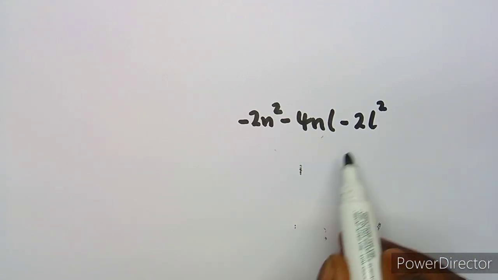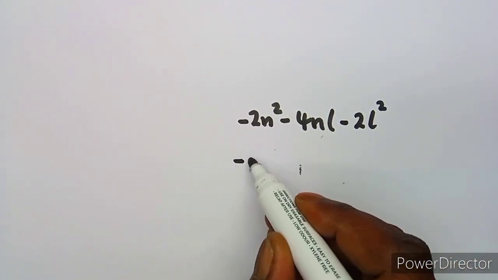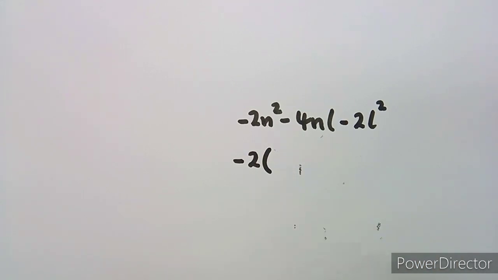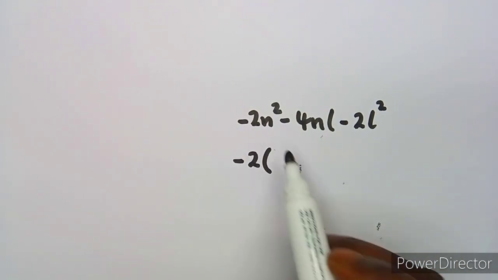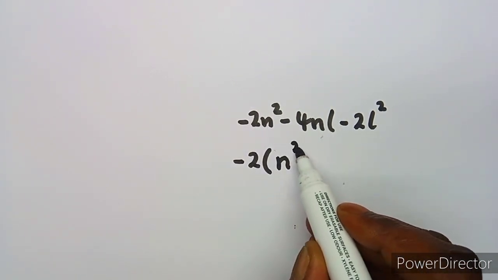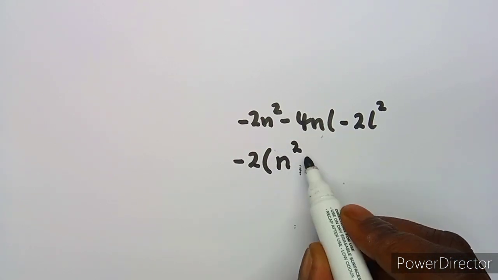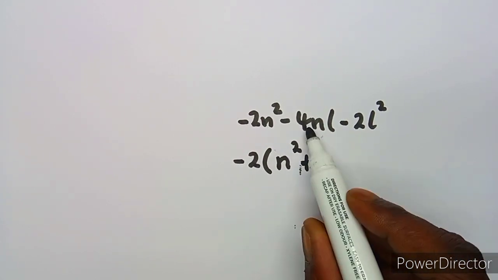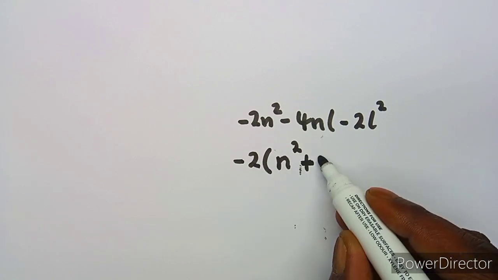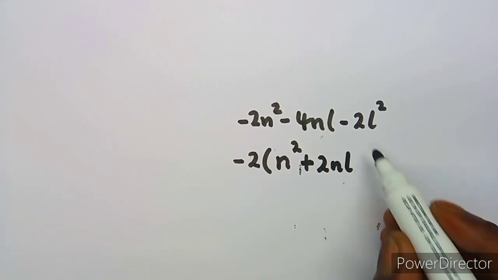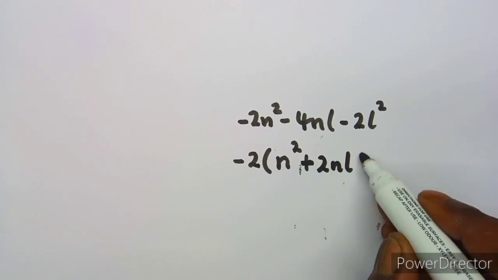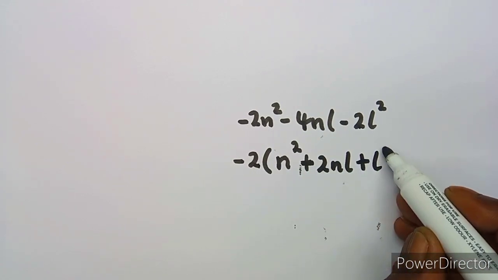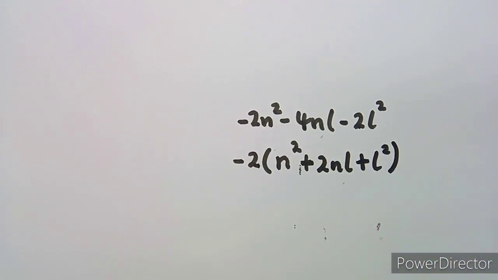So here minus 2 was also common, so we can factor out minus 2 first. Minus 2 and minus 2 is going to be positive n squared; minus and minus is going to give us positive, so 4 divided by 2 is 2nl. Negative 2 and negative 2 is a positive l squared. 2 and 2 is going to cancel.